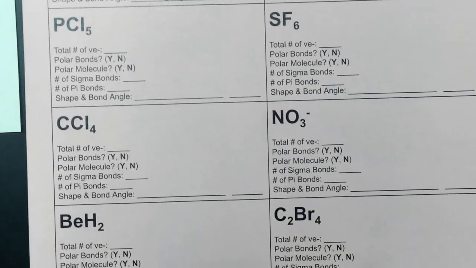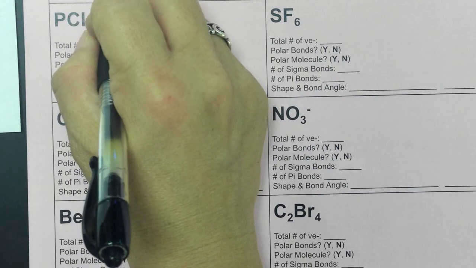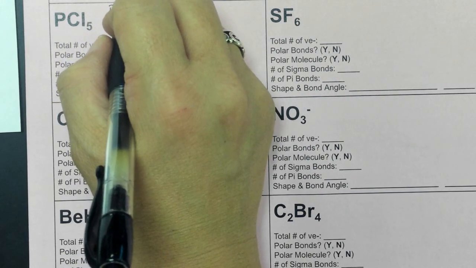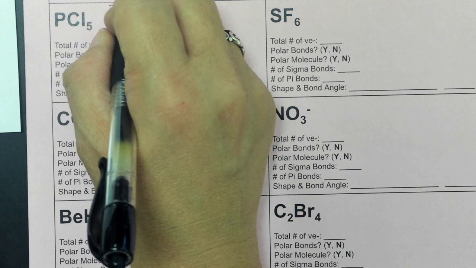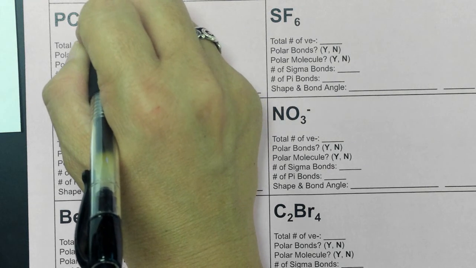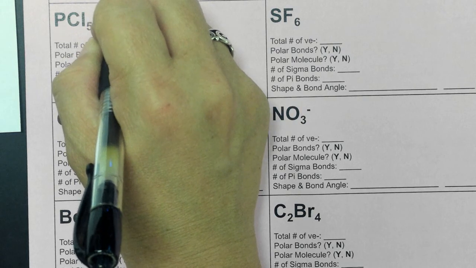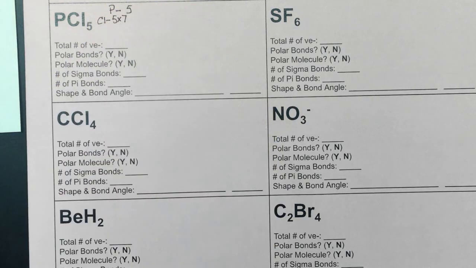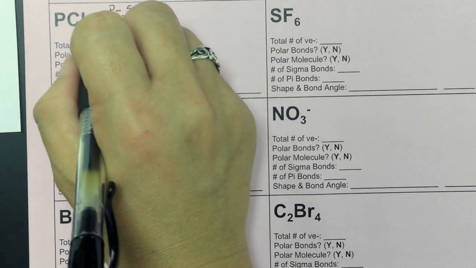So we're just going to go down this one side, then we'll go back up the other side. Same format. Phosphorus has, oh my goodness, I'm drawing a blank, 5 valence electrons. And because there are 5 chlorines, I have to multiply 5 times 35. And I have 175 valence electrons from chlorine.